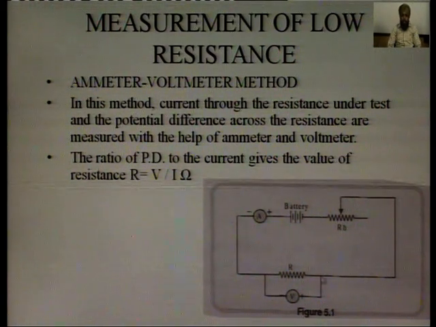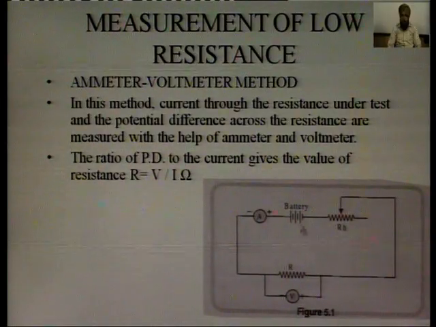In this method, as you can see from the figure, the circuit consists of an ammeter and a voltmeter. The ammeter is connected in series with the resistor whose resistance is to be calculated, and the voltmeter is connected in parallel with the resistor.